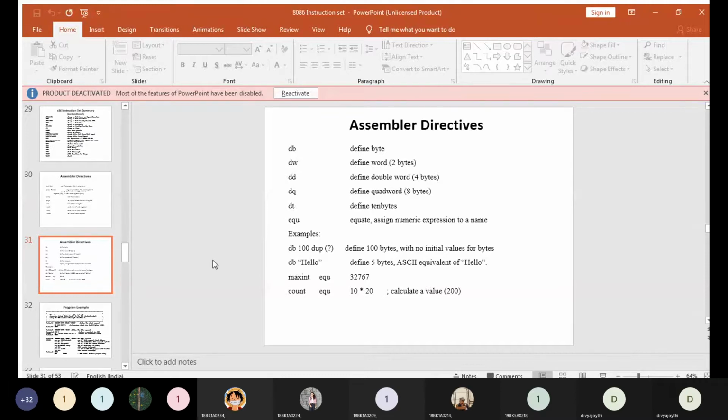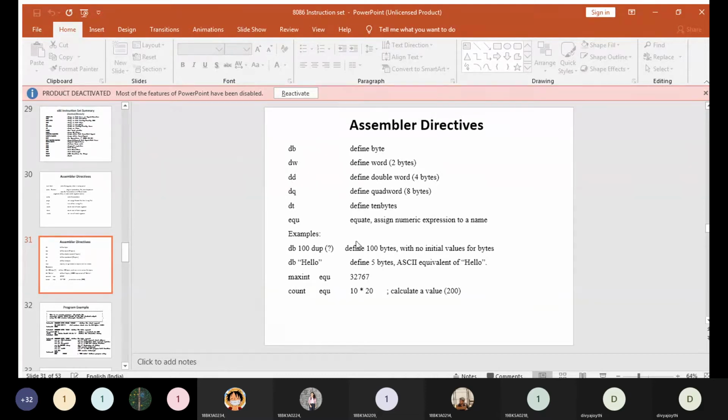They direct the assembler in such a way that they clearly tell what exactly the memory space is that is required for that particular number to be stored in memory. So this is all about assembler directives. Their role is to give directions to the assembler when it is converting assembly language into machine language.